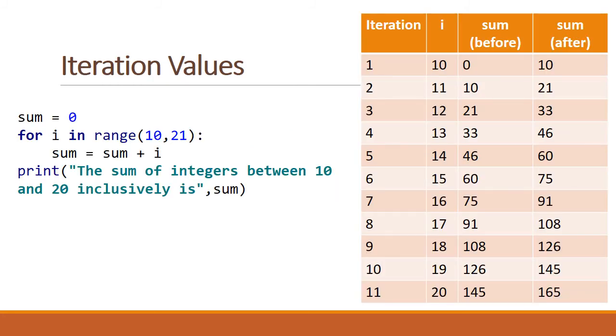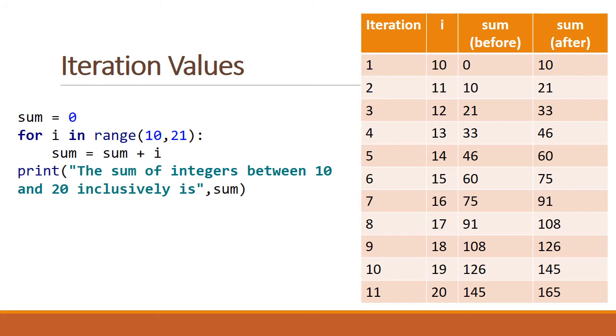This table shows how the variables i and sum change through each iteration. So for example, in the first iteration, i contains the value 10, and before sum is assigned sum plus i is executed, sum is equal to 0.